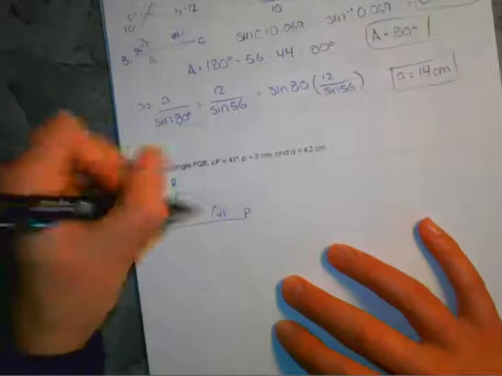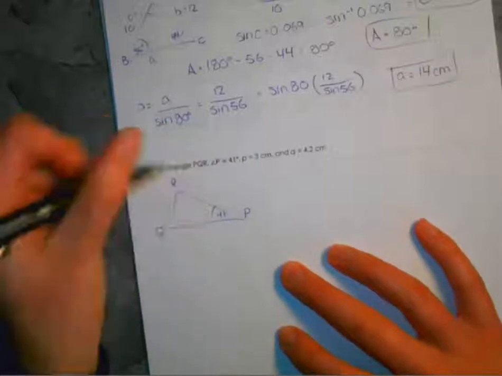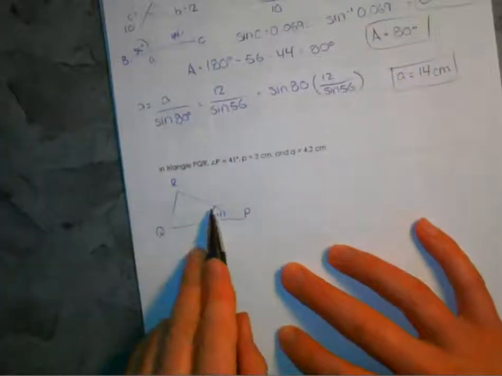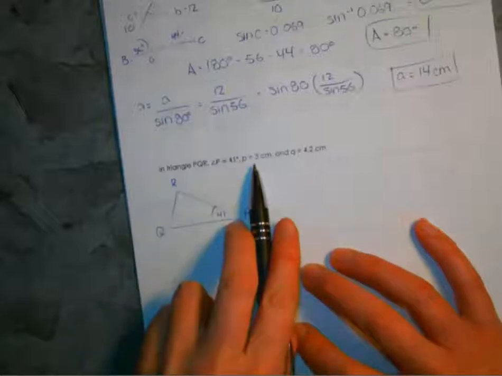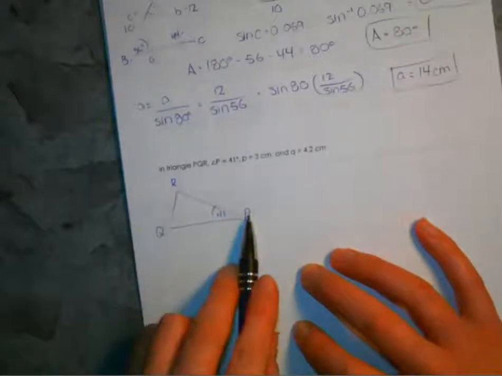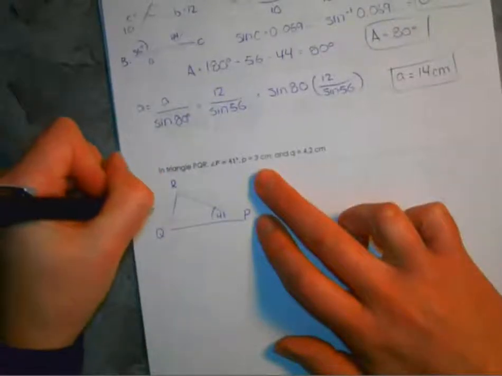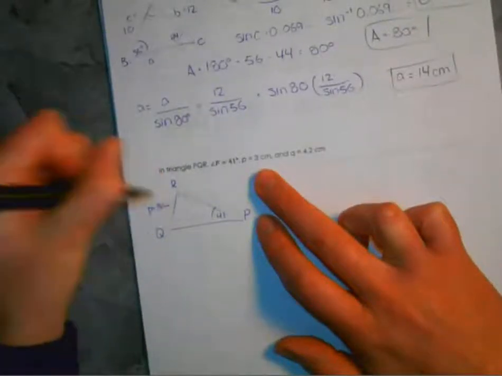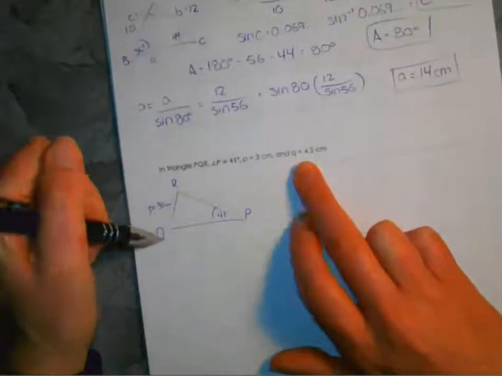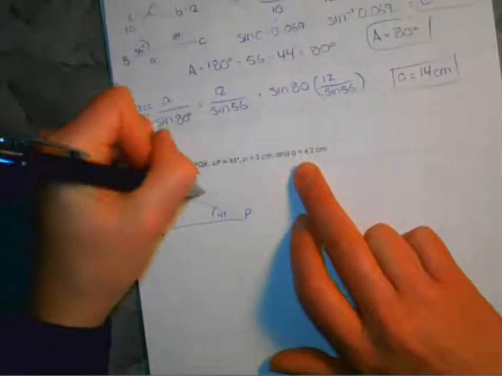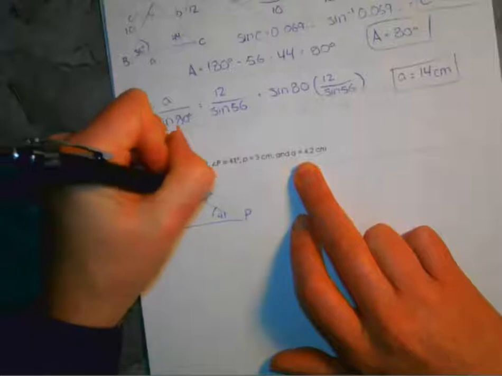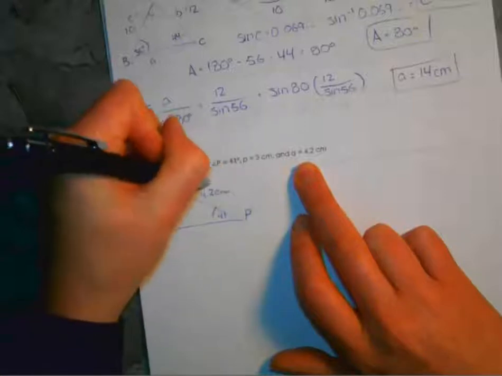So we have angle P, which is 41 degrees, trying to make it a little bit less than 45. Side P is straight across here, so that's going to be 3 centimeters. And then side Q, which will be opposite here, is 4.2 cm, and that's side little q.